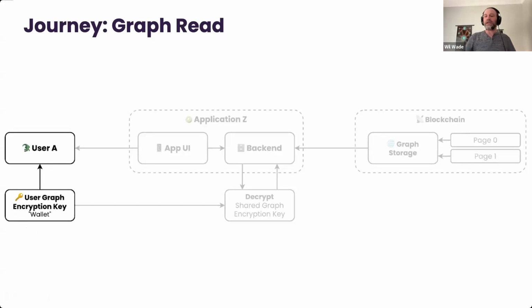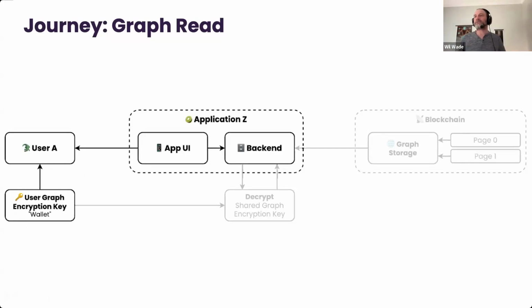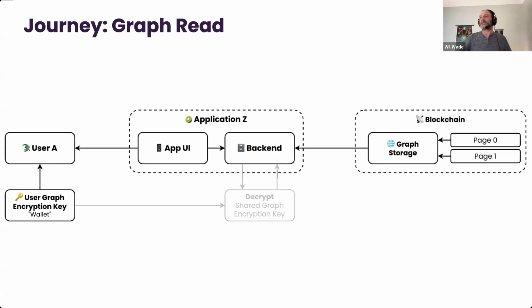And the user is going to interact with maybe a different application, go to their UI, and the application says, hey, do you want me to show you your graph? And so at that point, the backend is going to go out, get all of those pages, reconstitute those pages, and then it's got to do the decryption step.